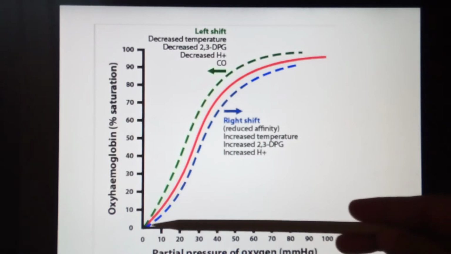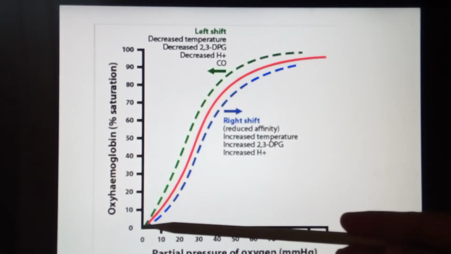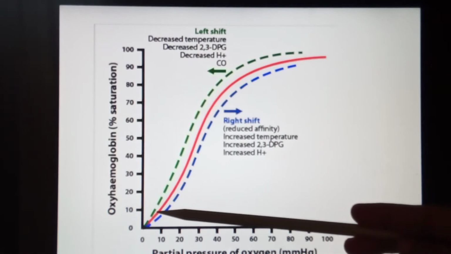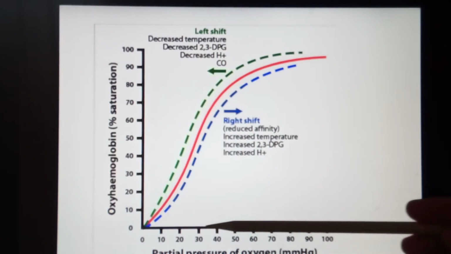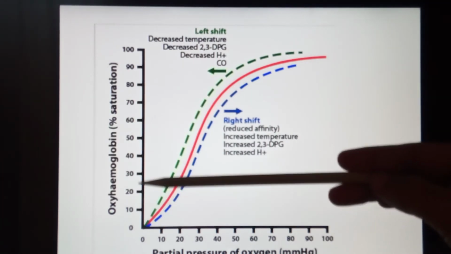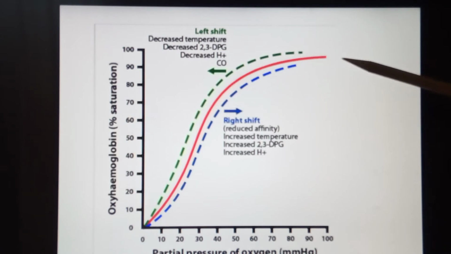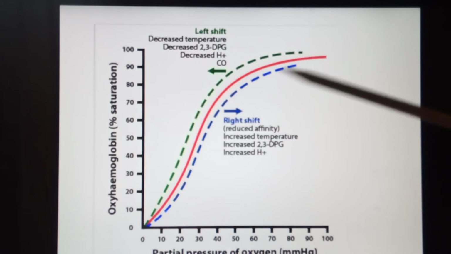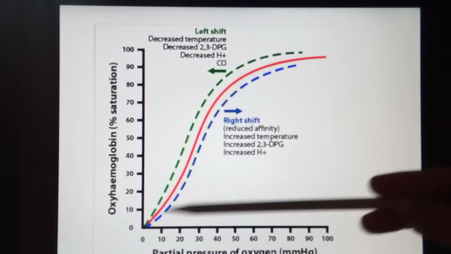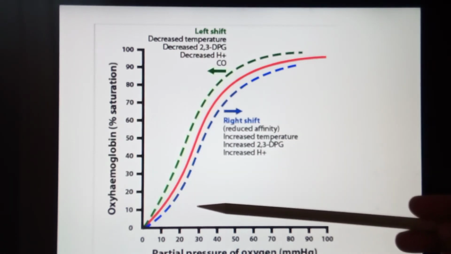When we increase the partial pressure of oxygen, the heme attaches with oxygen, and as we increase it further, the hemoglobin attaches with more oxygen. So the graph looks sigmoid in shape. Why does it look sigmoid? Because we have a particular amount of hemoglobin.